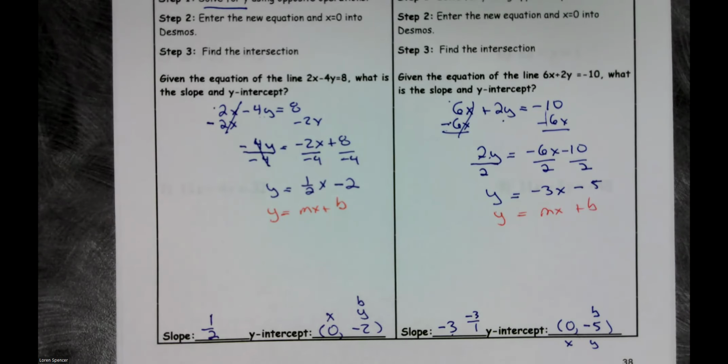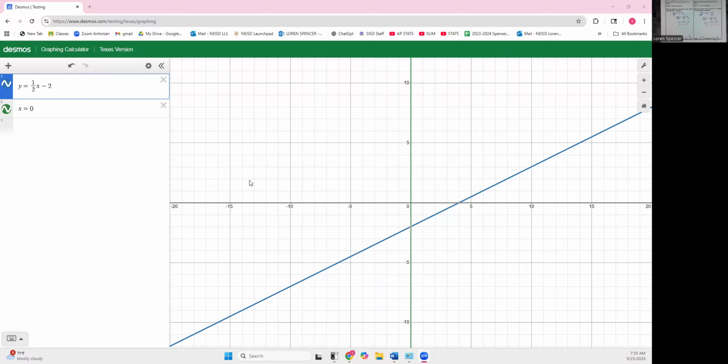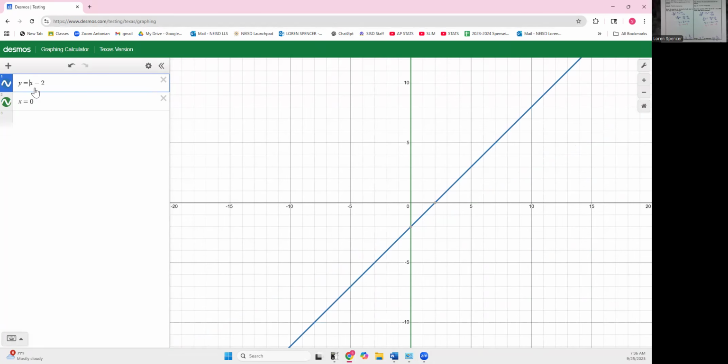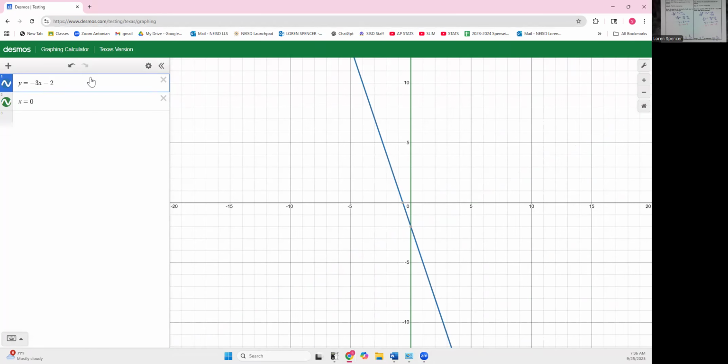So let's drop over to Desmos and conclude this lesson up real quickly here. So we go to check that, and we have y equals negative 3x minus 5. And let's see if we cross at 0, negative 5. And sure enough, we have 0, negative 5, and that's where we cross.